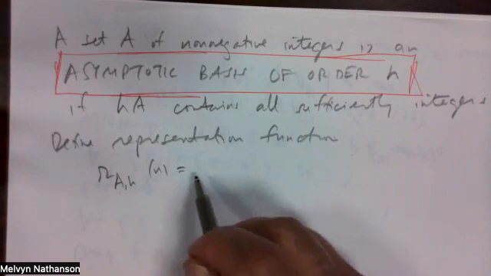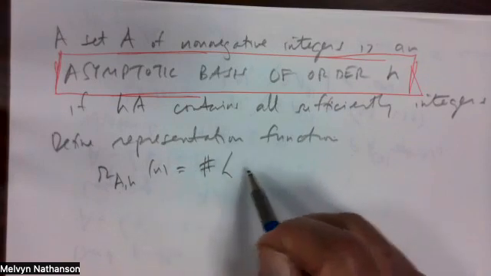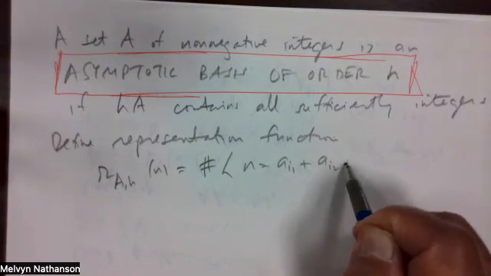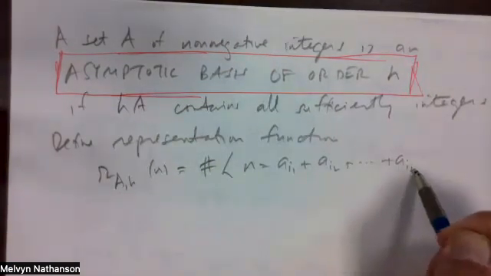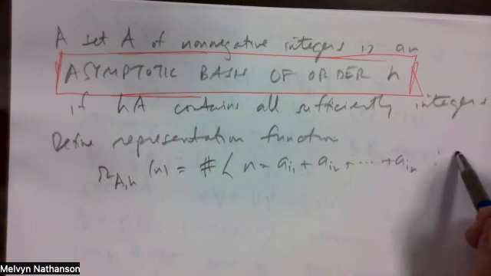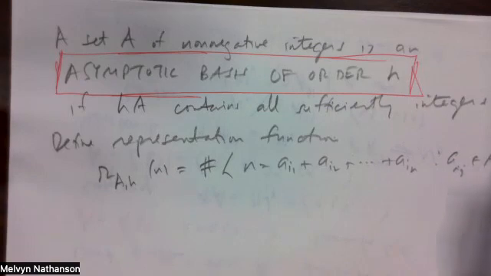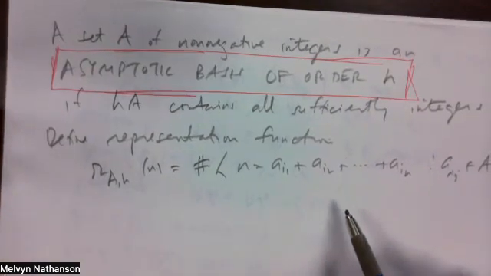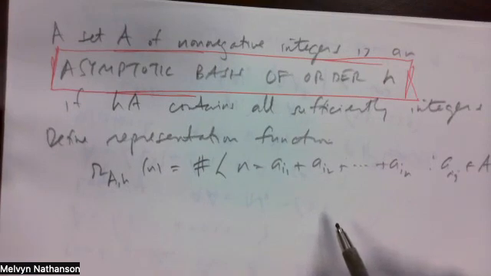And this is going to be equal to the number of ways you can write n as a sum of H elements of A. So it's the number of such representations. Now, there are different ways you can count representations.